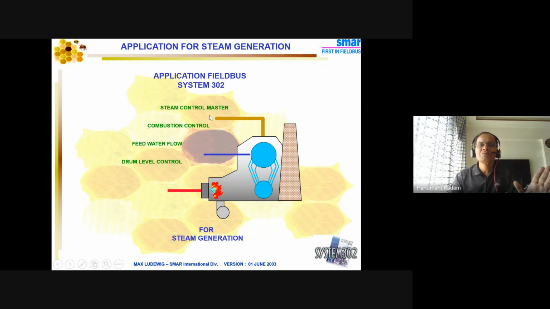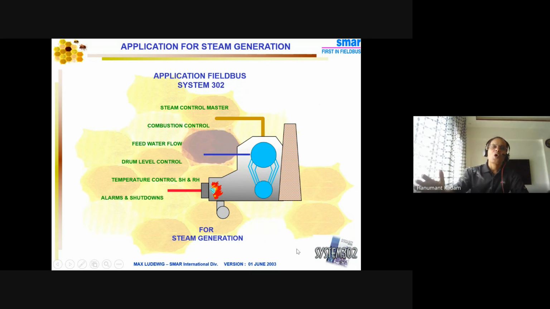So steam control, combustion control, feed water control, drum level control, and finally temperature control of the superheated steam, using the fuel for the burner, plus alarms and shutdowns. All these factors are part of the automation professional's role.